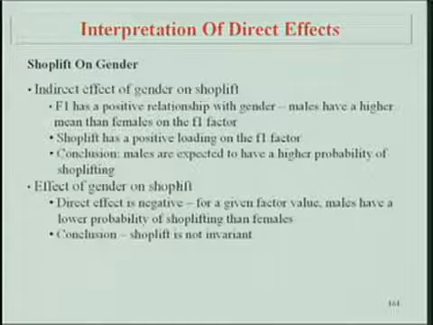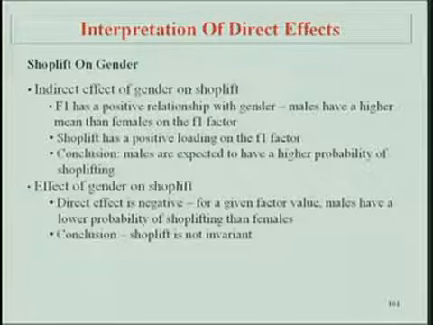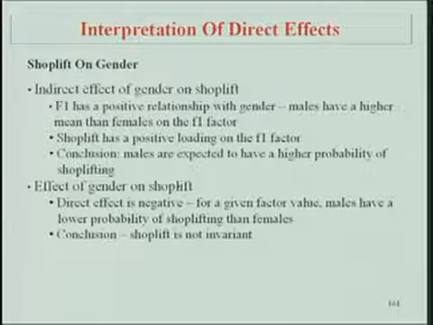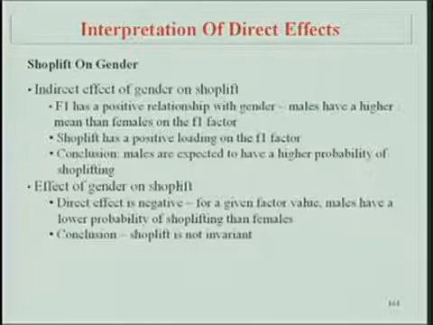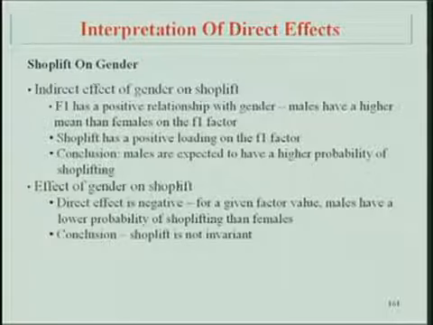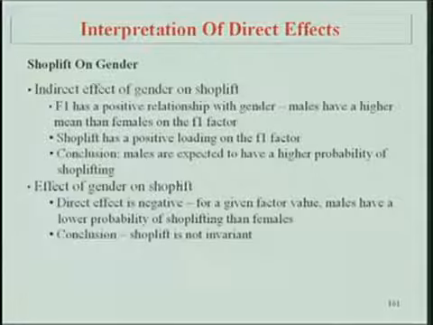Don't say that females are more likely to shoplift. That's another statement. It may not be true. It depends on other parameters in the model. But we have a measurement non-invariance. Shoplifting is not as indicative of a high property offense factor value for males as it is for females. Shoplifting doesn't say the same thing for males and females about property offense.